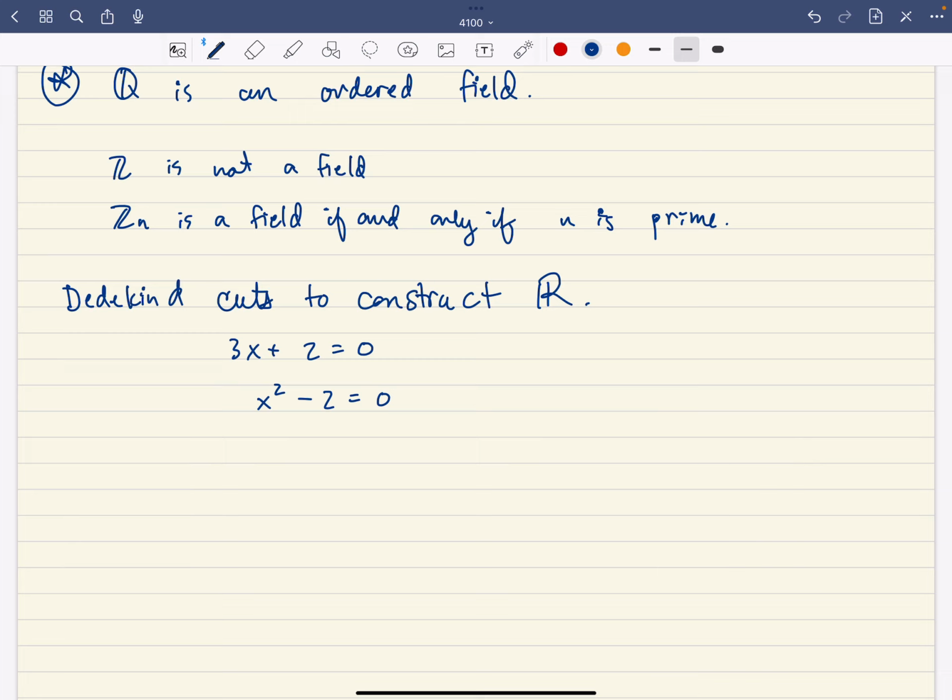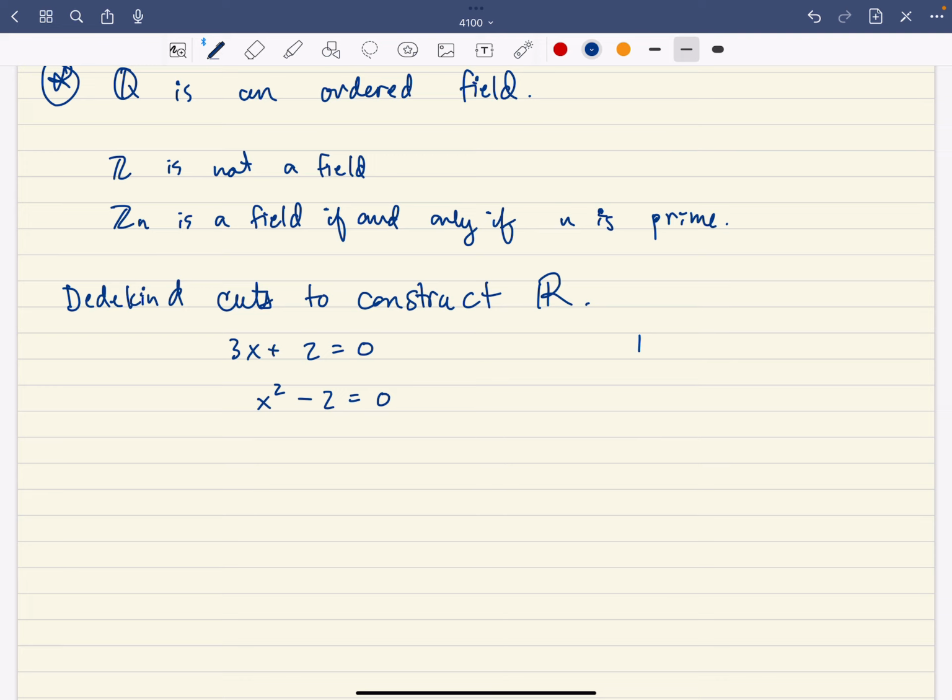And the idea here is that if I were to take x squared minus 2 equals 0, there's no way to describe that solution as a rational number. But I need to be a little bit careful here. If I take the limit of a sequence, and I know we haven't talked about limits and sequences, but intuitively, I think from calculus you can understand what I'm going to say.